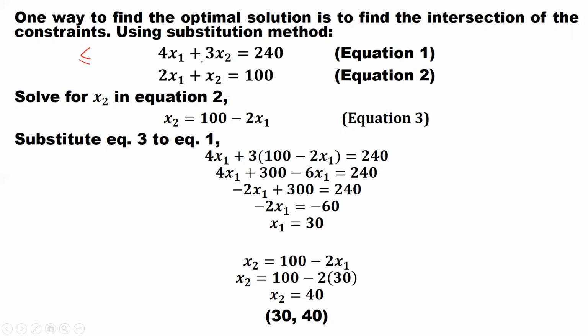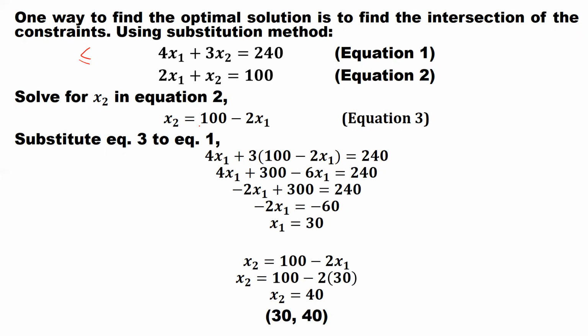So again, in solving systems of linear equations, there are a lot of methods. You could use the substitution method, the elimination method, or the transitive property of equality. It's up to you which of these methods you use to solve the point of intersection. But for the sake of this video, we use the concept of substitution.